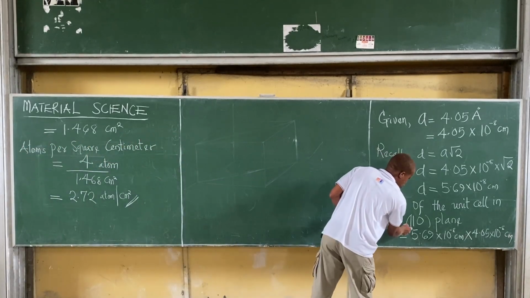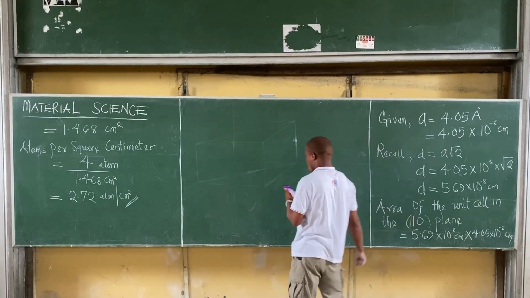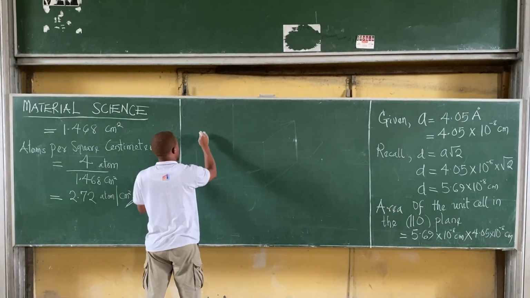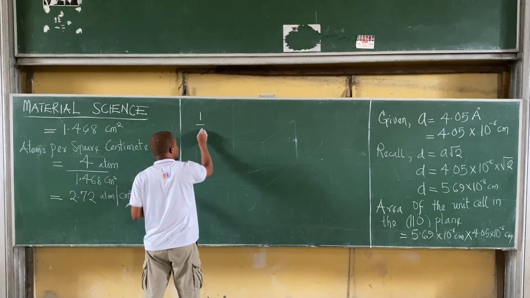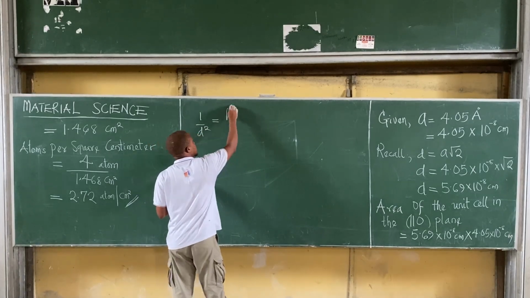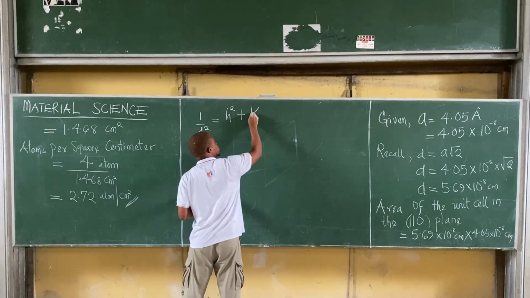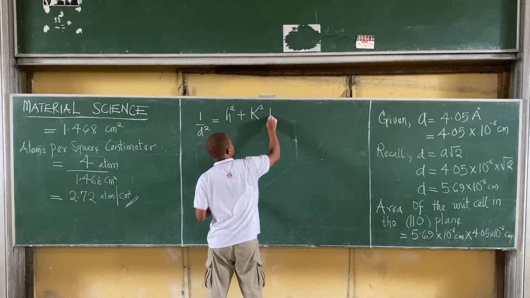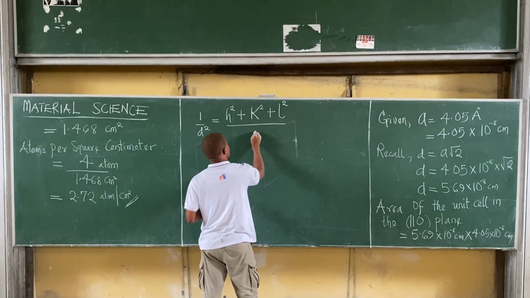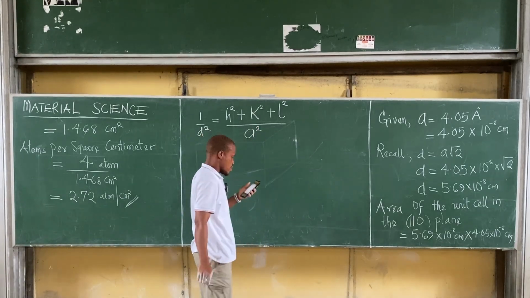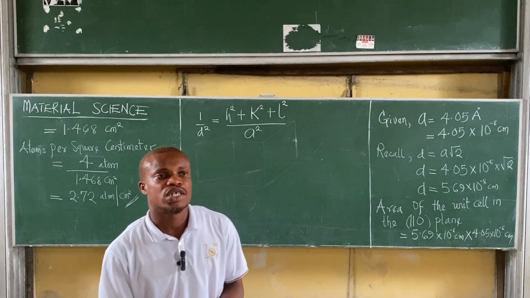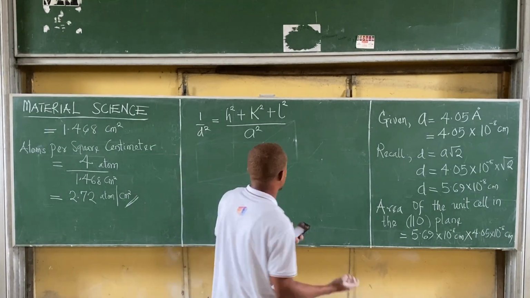So let's take the XYZ or HKL lattice. The spacing d between adjacent HKL lattice planes is given for cubic as 1 over d squared equal h squared plus k squared plus l squared, all divided by a squared.